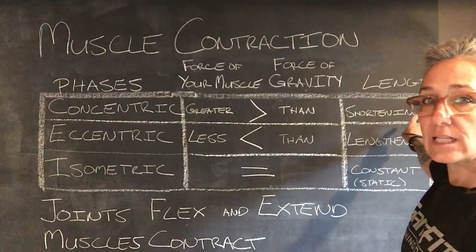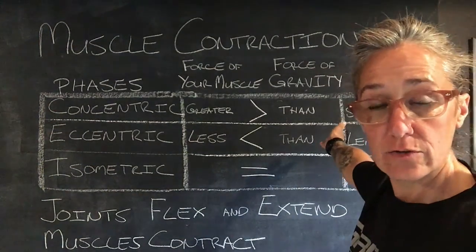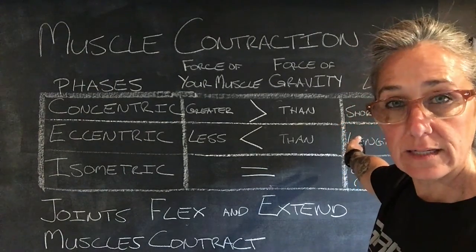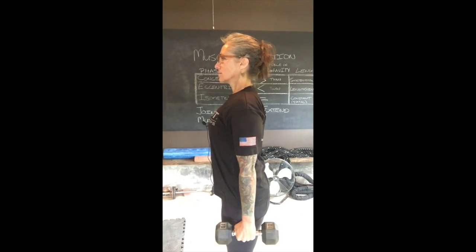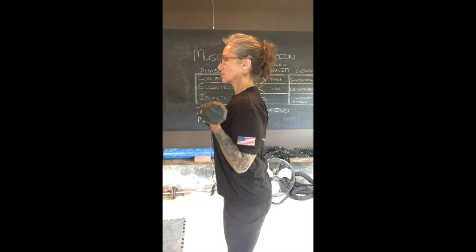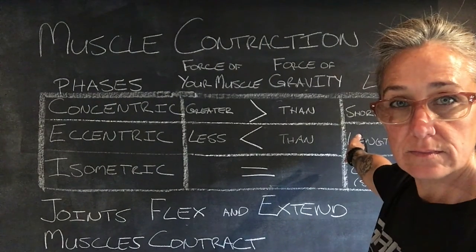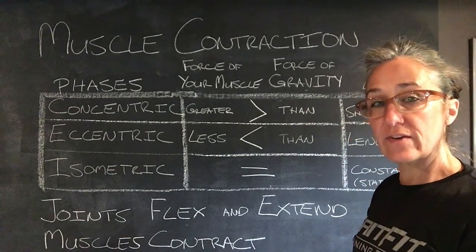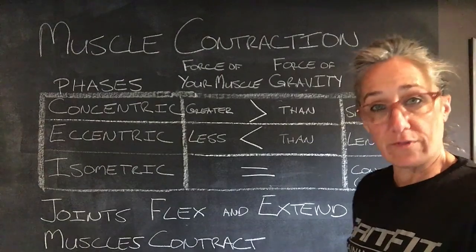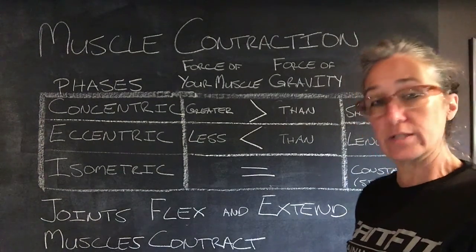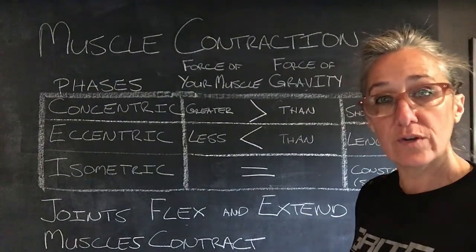What does that look like? Let's use the dumbbell bicep curl as an example. As I lift the dumbbell away from the ground, away from the force of gravity, it's clear that the force of my muscle is greater than the force of gravity because I'm moving away from it.